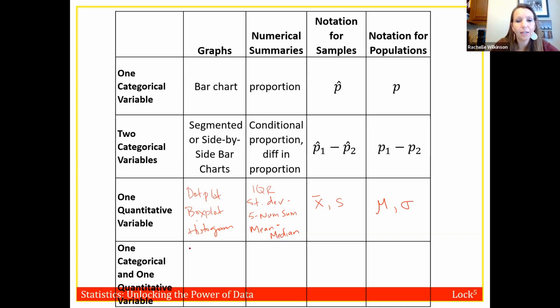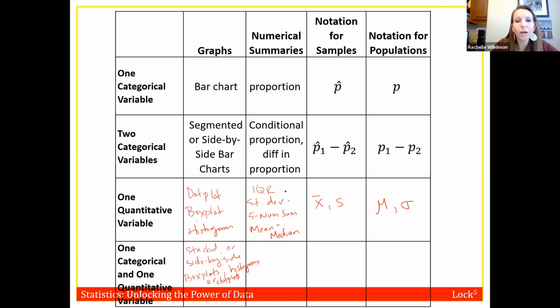So I'm going to say stacked or side by side. Box plots, histograms, or dot plots. Okay, so all the same plots, but now we're going to stack them on top of each other because we're going to have multiple plots basically.